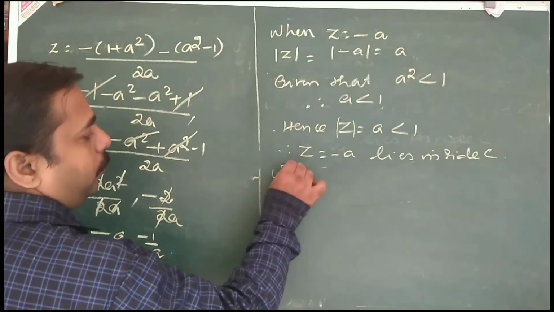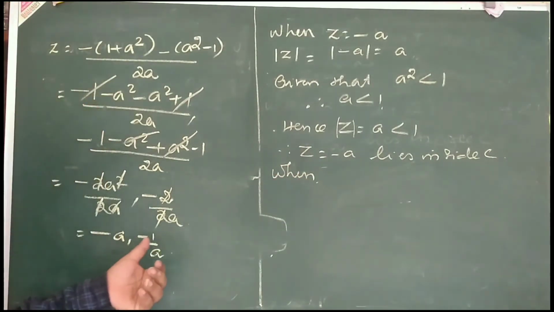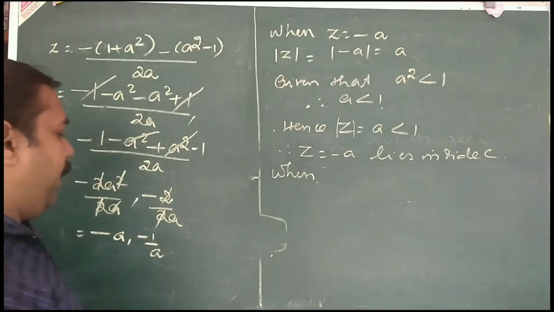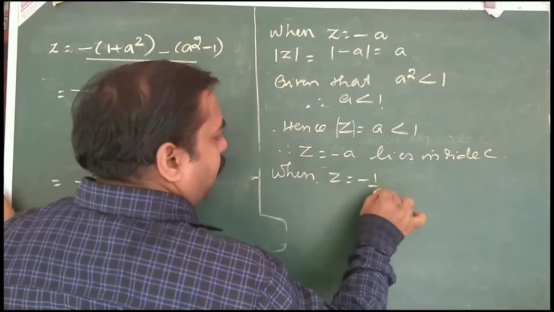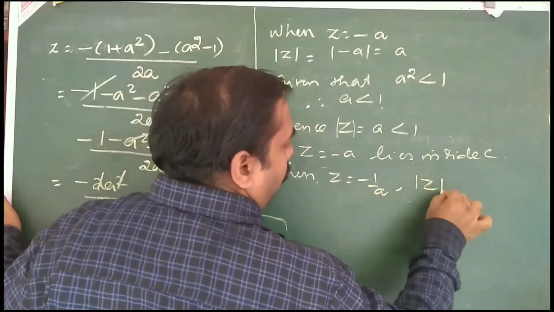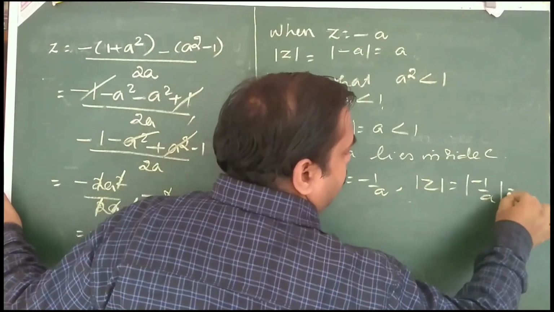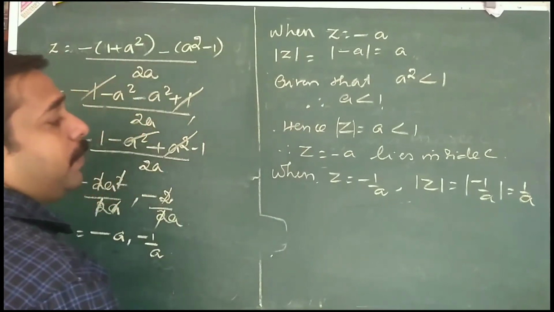When z is equal to, next point, what is the next point? The next point is minus 1 by a. When z is equal to minus 1 by a, mod z is equal to mod of minus 1 by a, which is equal to 1 by a.